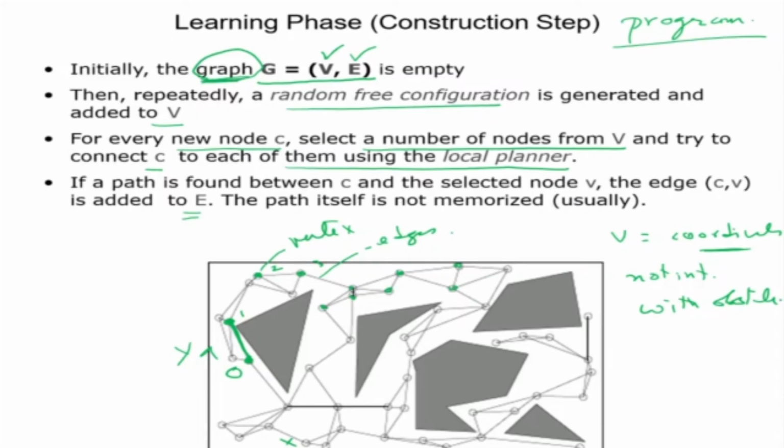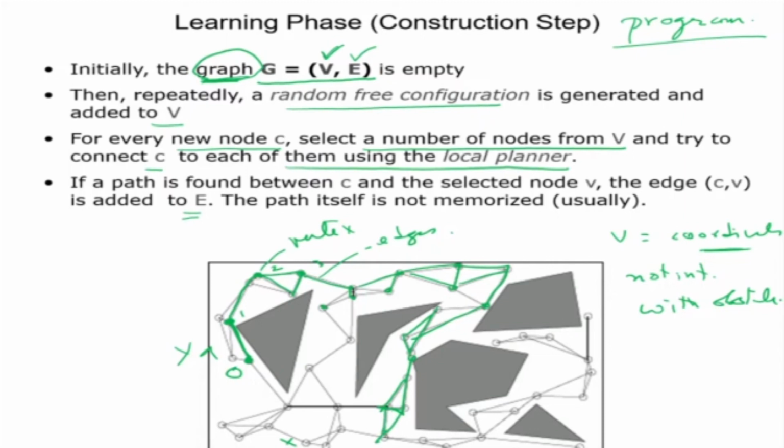We start populating the values of V and E, where E are the edges and V is the vertices. So now we have all these edges which are connected like this. So we have made our set of connected graphs or network of paths.